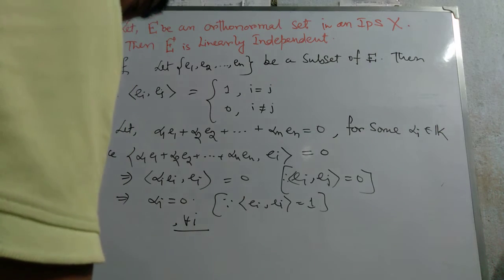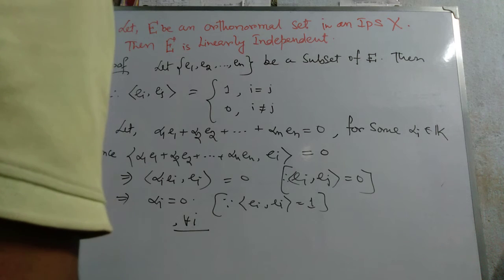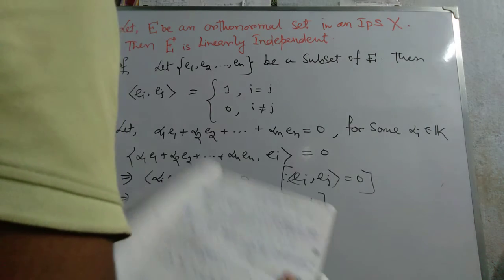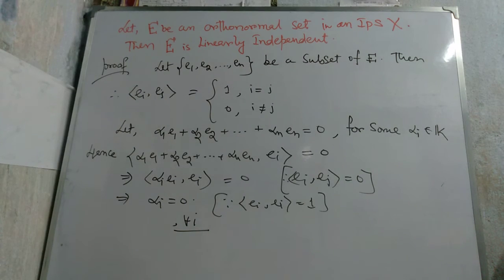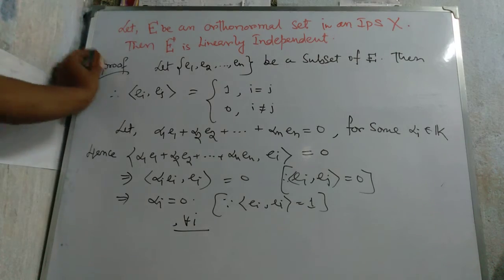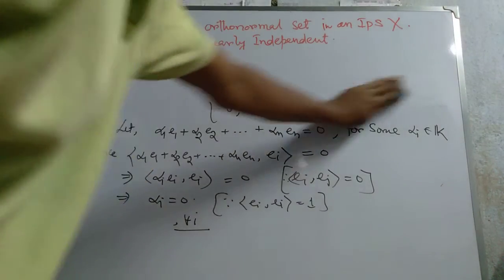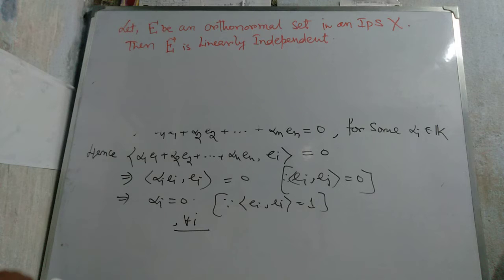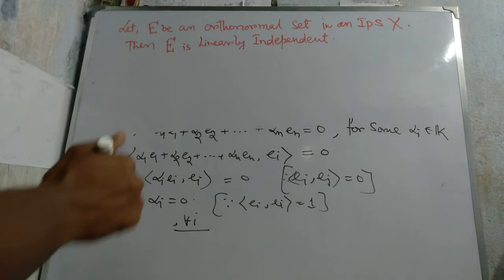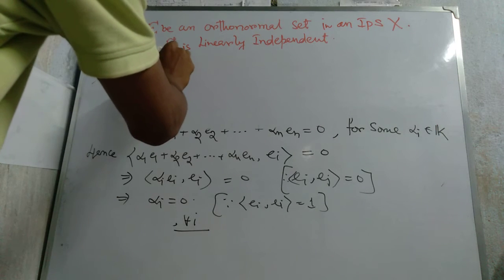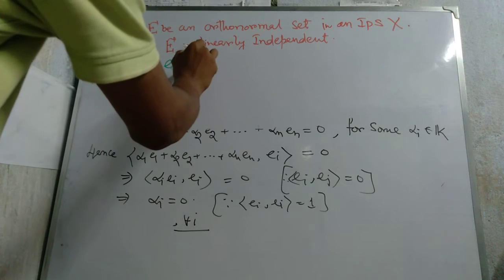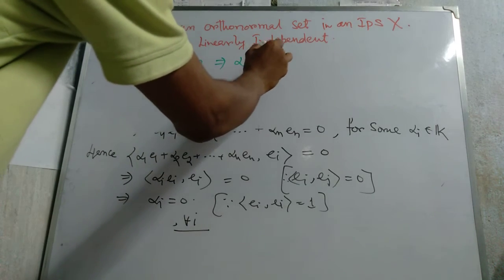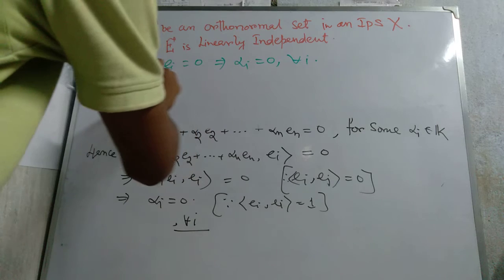Then what we get is this conclusion: the summation of alpha i ei equal to 0 implies alpha i equals 0 for all i.